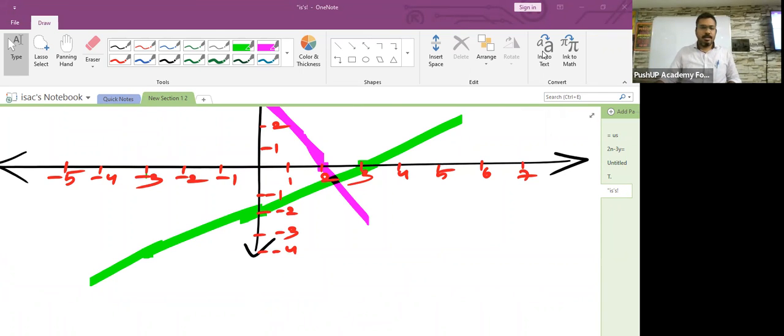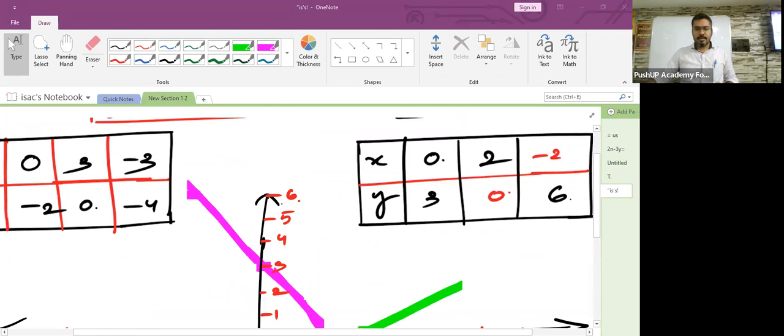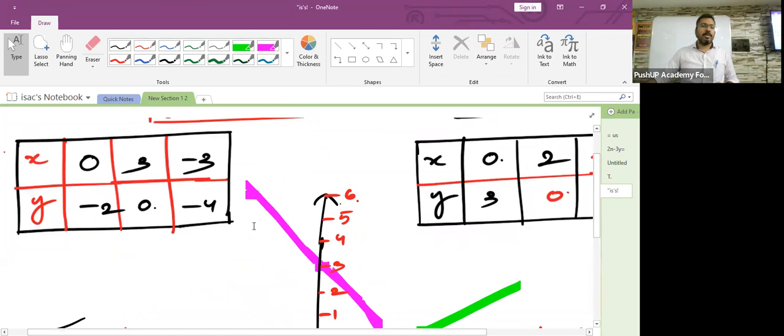Deekshit, Akhil, did you get it? Yes, sir. Okay. Akhil, what about you? No, sir. I'm still getting it. Did you start drawing the graph? Yes, sir. Okay. Fine.